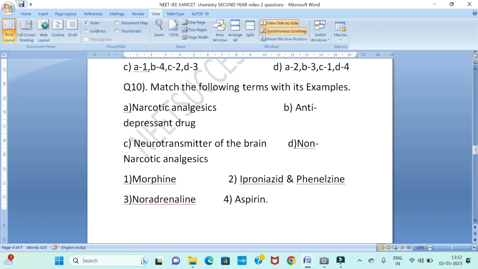What is an antidepressant drug? These both are antidepressants, B2: iproniazid, phenelzine. Wipro, I am taking Wipro.